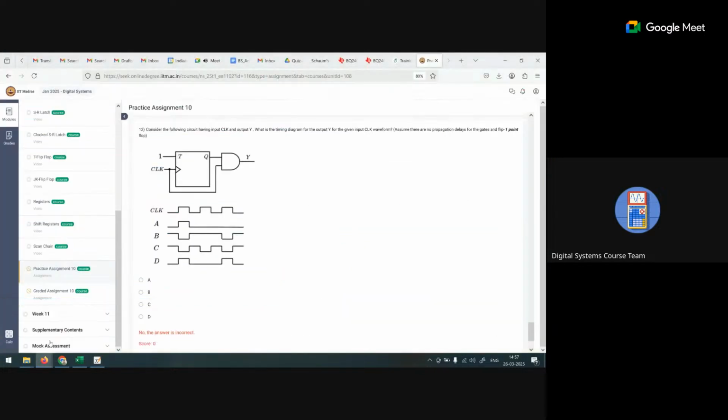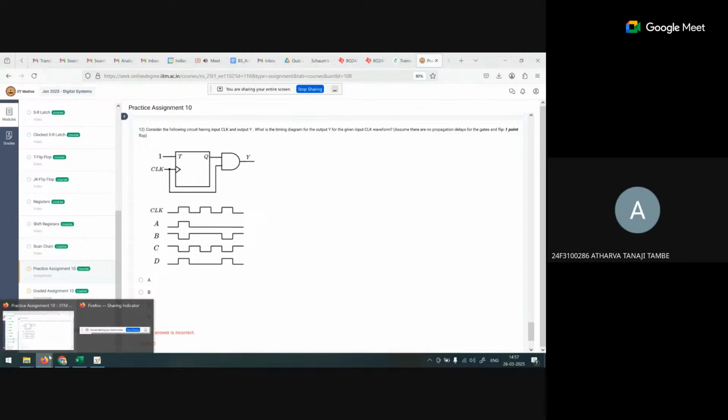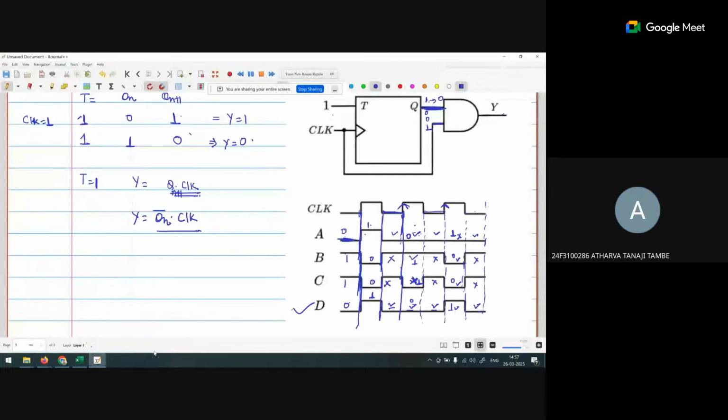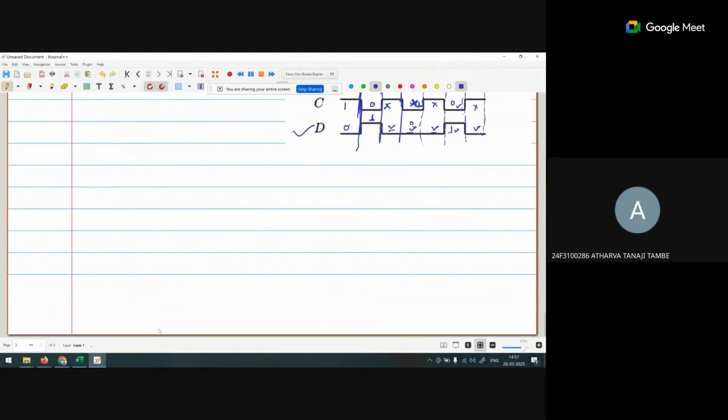Yes, sir, I was having a doubt in shift register, when you shift the bits. In the previous slide, you have explained that it gets shifted. It is about a question in the graded assignment, the sixth question.